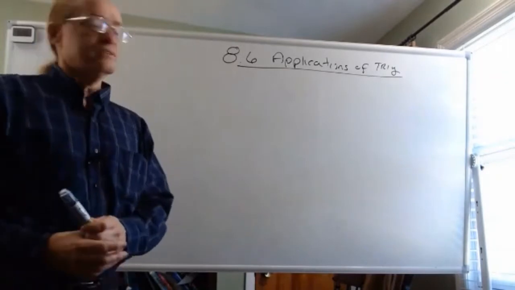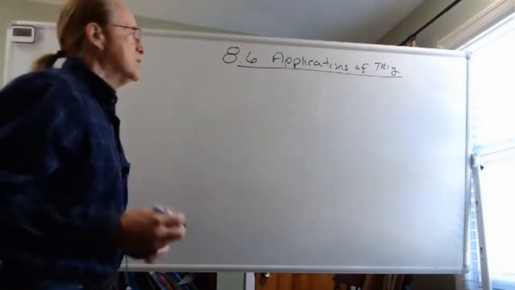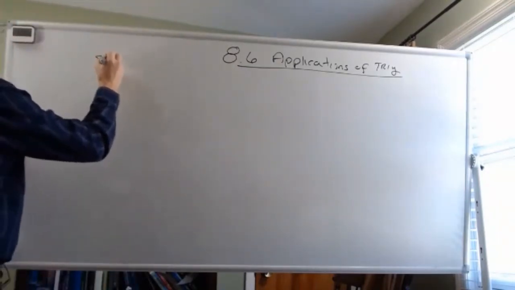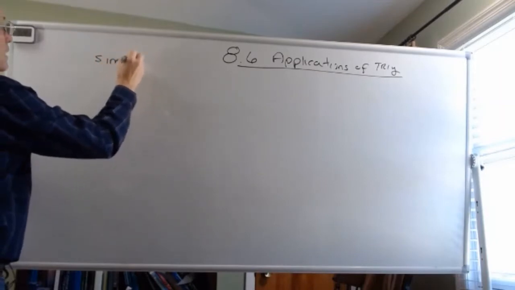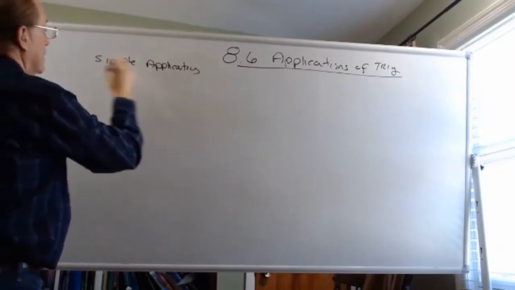The applications here are relatively basic and easy. It's just all about solving triangles. So we're just going to look at some simple applications, and I'll show them in the textbook.